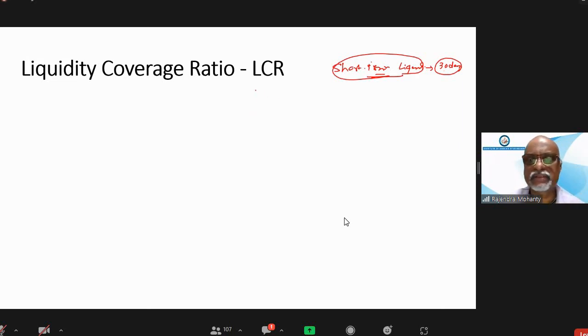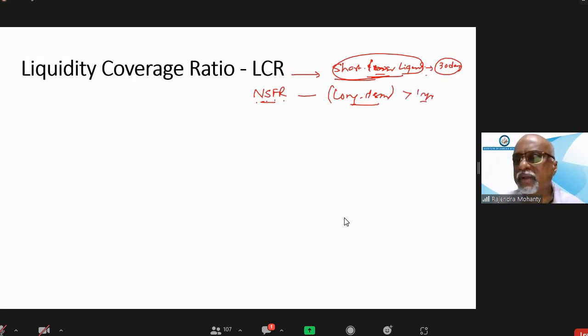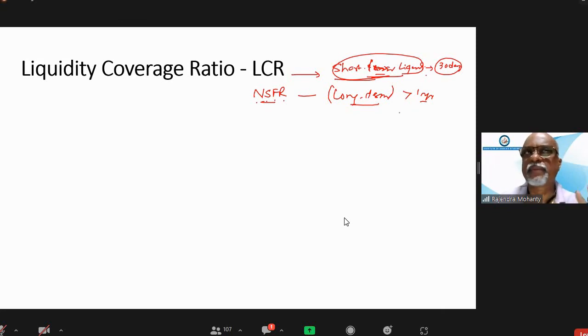The second ratio is NSFR, the net stable funding ratio. Since LCR pertains to short-term liquidity crisis, this is for the long term. Short-term means within 1 year, long-term means more than 1 year. So NSFR has been introduced to ensure that banks and financial institutions can prevent a long-term liquidity crisis.